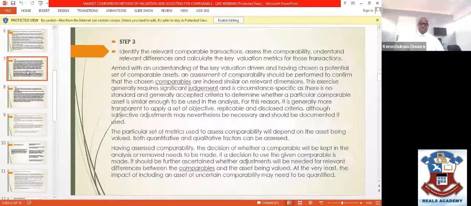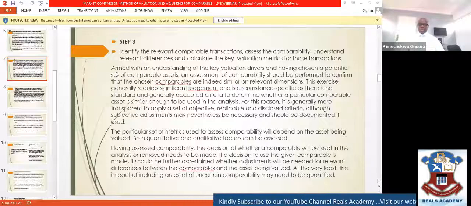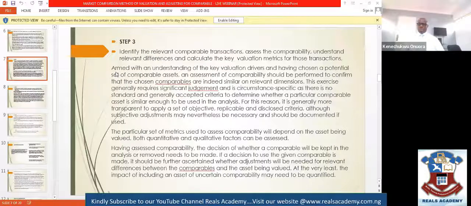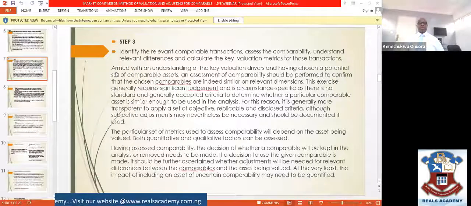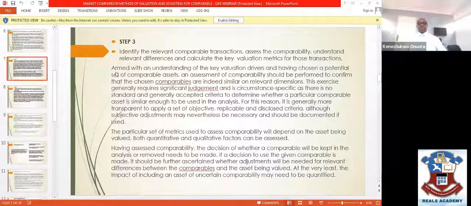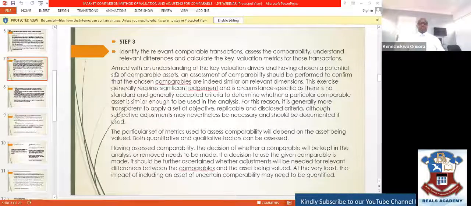Assess the comparability, understand relevant differences, and calculate the key valuation metrics for those transactions. So you will have to choose comparables that are similar to what you're going to value. For the number of rooms, say 5 bedrooms, you can get 4 bedrooms and use that as comparable. You have to be able to get the dimensions.